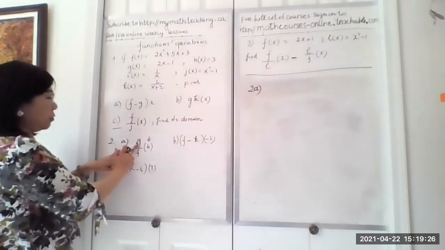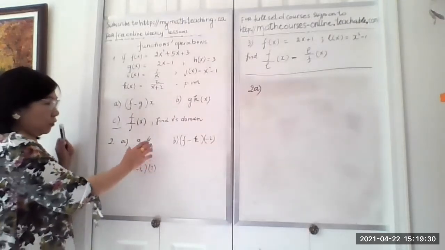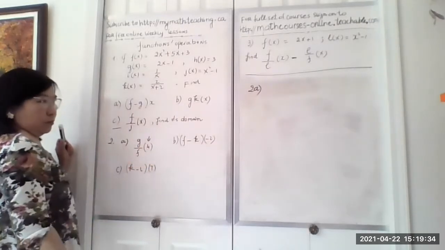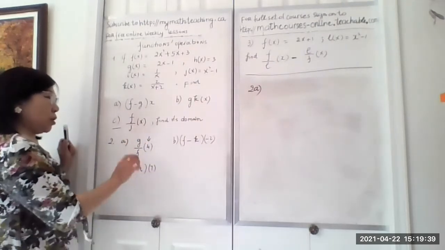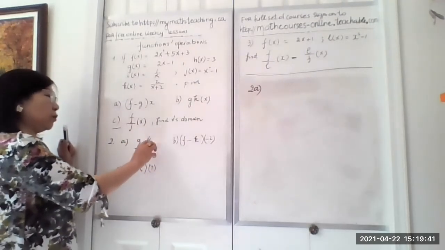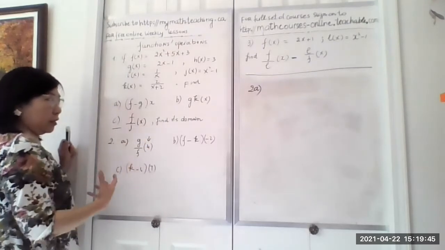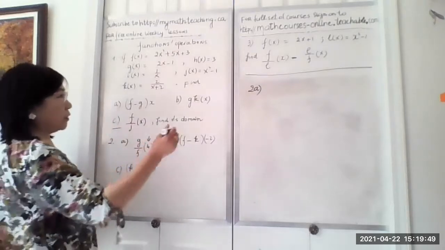Except we're going to use them a little bit differently. For 2a, they ask you to evaluate if x equals 4. So you divide g(x) by f(x), but also you will evaluate the result at x equals 4 after the operation. So let's do the operation first.